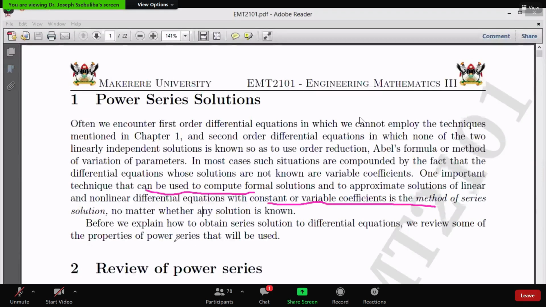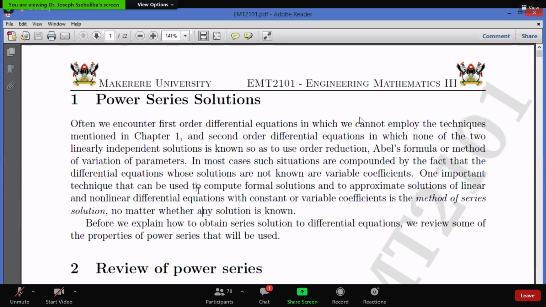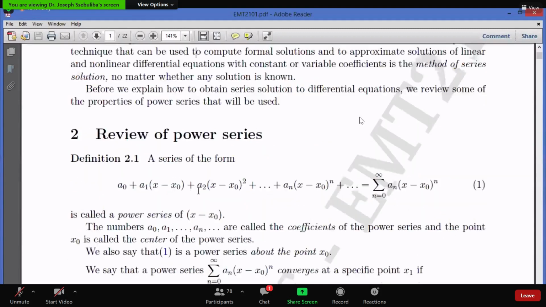And we are saying no matter whether any solution is known or unknown, you can actually use this. So first of all, we want to understand the behavior of this. So we'll start with a quick review of what a power series is, and then we will dig deep into that before we start solving these equations.